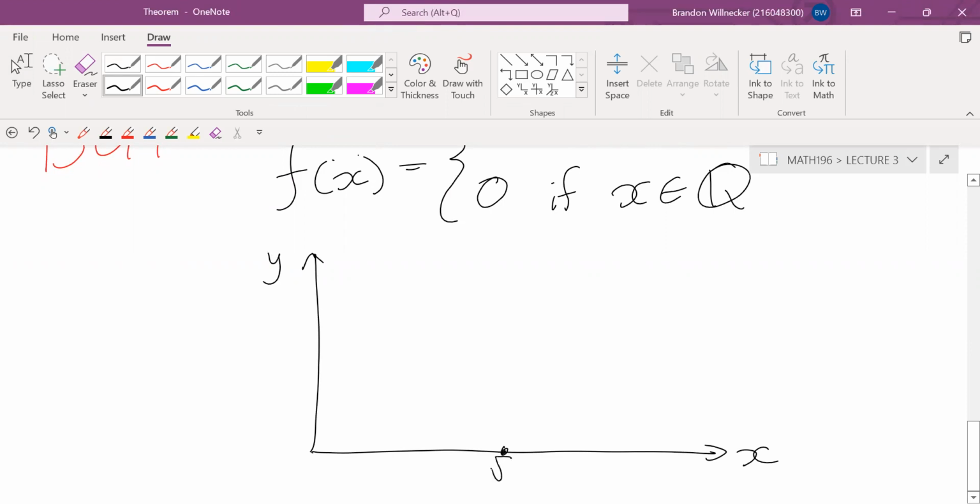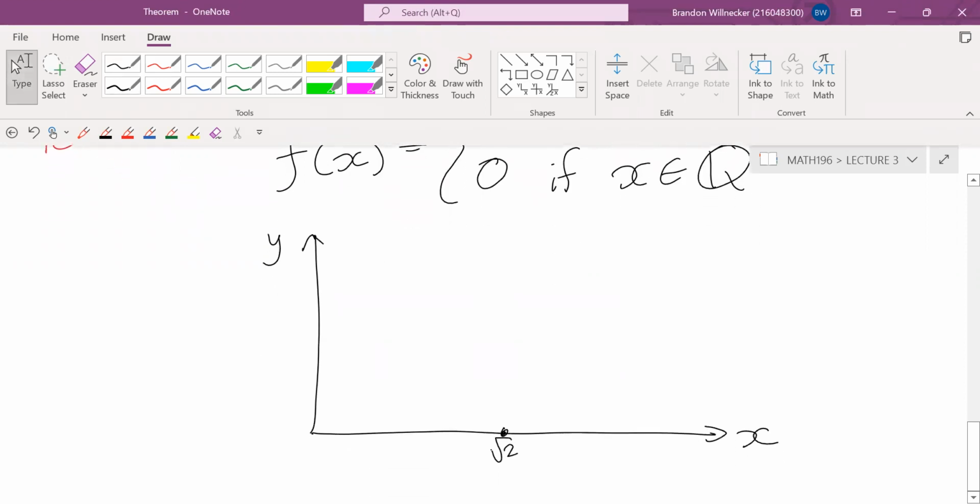Maybe this point here is root 2, something like that. Then root 2 is irrational, so the function value is 0. But maybe, right next to it could be the rational approximation to root 2. You can think of it as root 2 to 1,000,000 decimal places. So that makes it rational. So then the function value is 1.